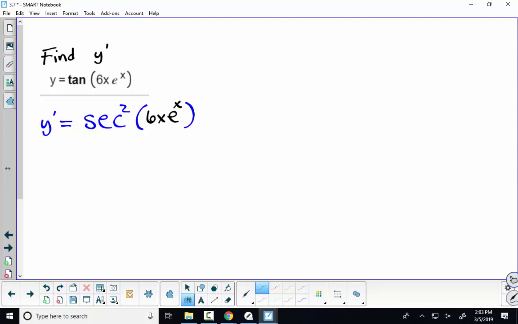So there's the derivative of the outside, leaving the inside alone, multiplied by the derivative of the inside. That's all the chain rule tells us to do. Unfortunately, another derivative showed up, so I'm going to compute that derivative off to the side. But is everybody okay with just that initial derivative based off of the chain rule? Any questions?